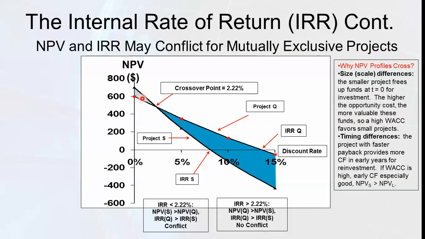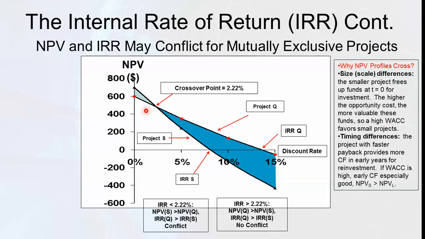Similarly, the timing difference. If you have higher cash flows in the beginning of the project, the project with faster payback period provides more cash flows in early years for reinvestment.